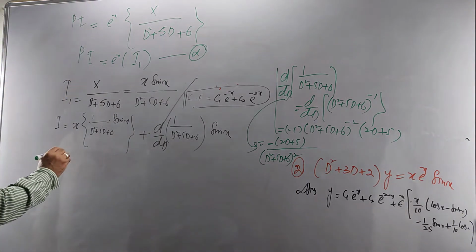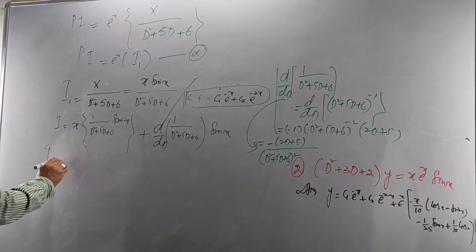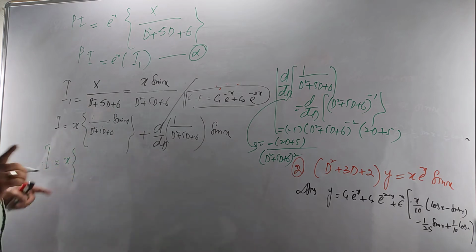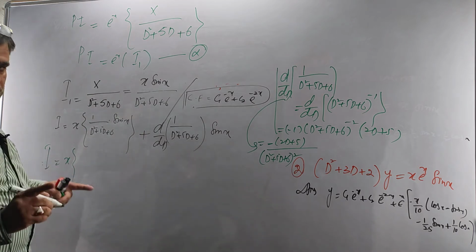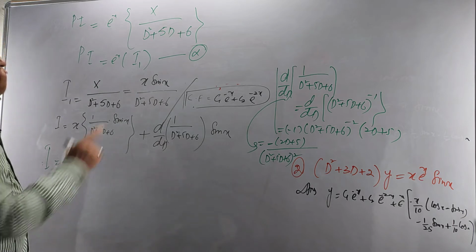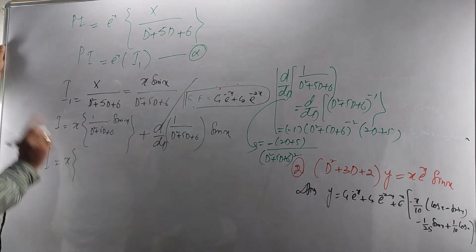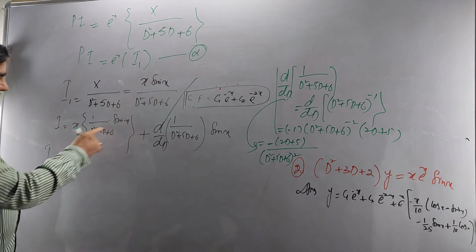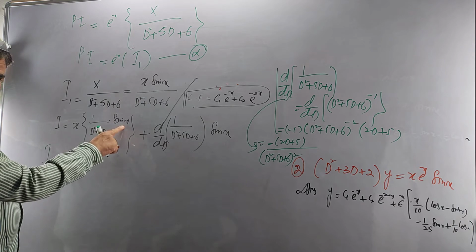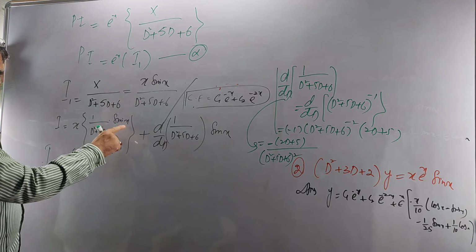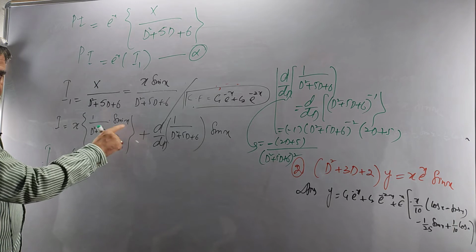Well, this I will write as I, where I stands for the particular integral for this part. Then I will use it in alpha. Be cautious. Now here d square is replaced by minus 1, since the coefficient of x in the angle is 1.